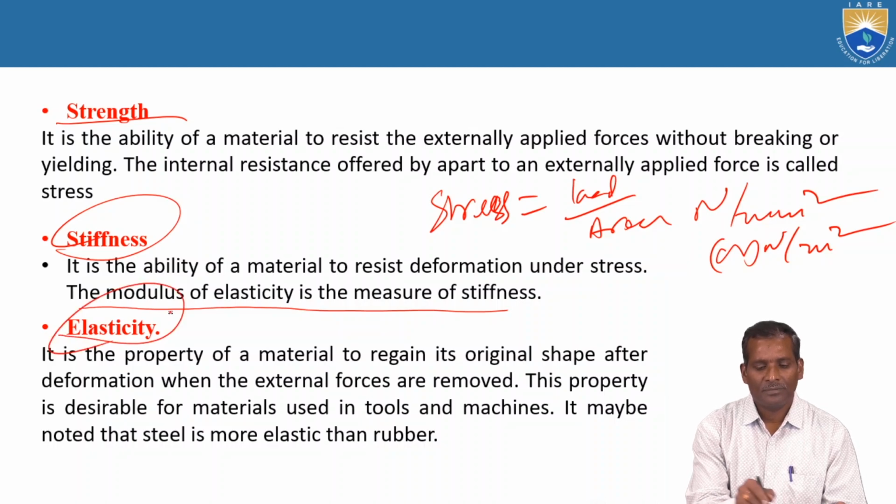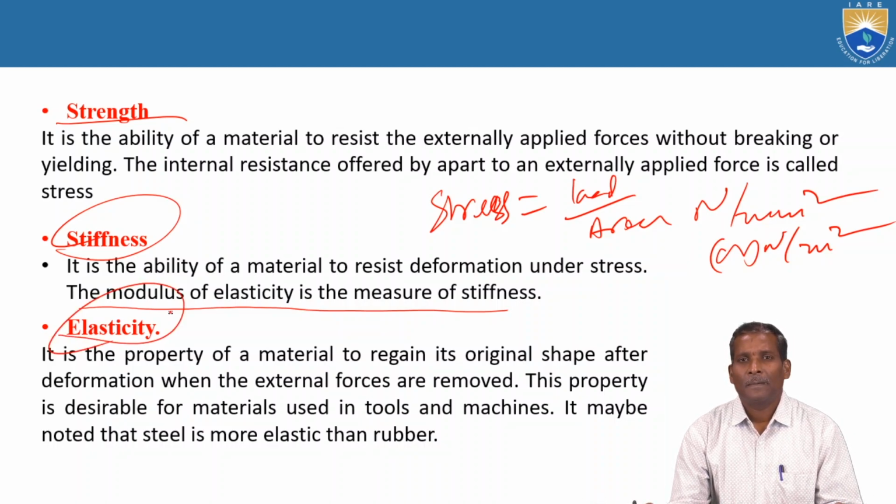Next, elasticity. It is the property of a material to regain its original shape after a deformation. Suppose you apply a load on a particular component, and then suddenly remove that load. Whatever shape was gained due to the external load, whenever you remove that load, the material will regain its original shape.